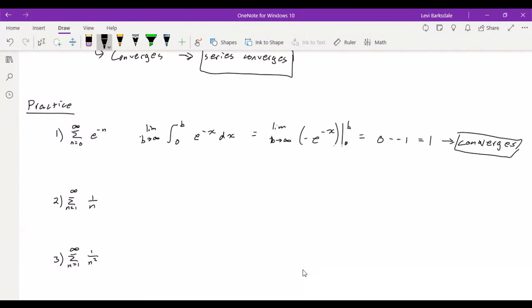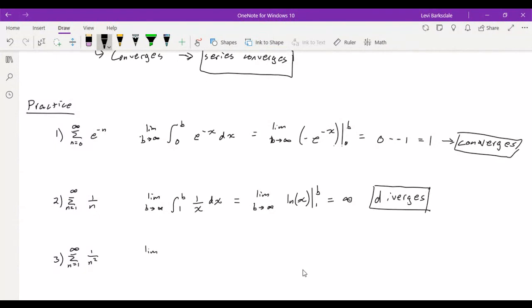With our second one, again, we would have to rewrite as an improper integral, the limit as b goes to infinity, since our first term in our series is 1 over x dx, and that gives us the limit as b goes to infinity of the natural log of x from 1 to b. Now, the limit as natural log goes to infinity is infinity, so in this case, our improper integral will diverge.